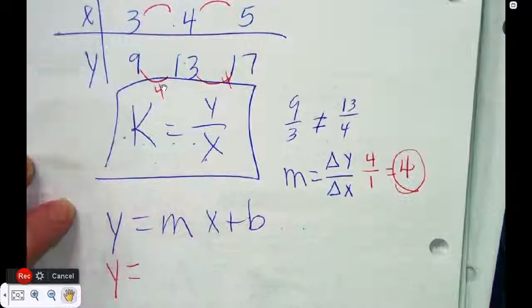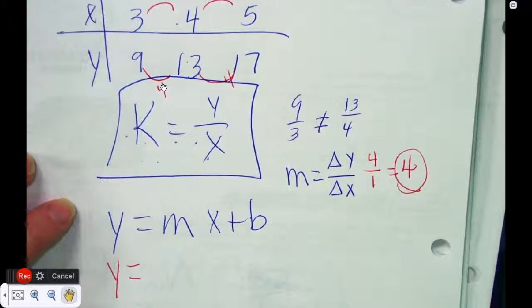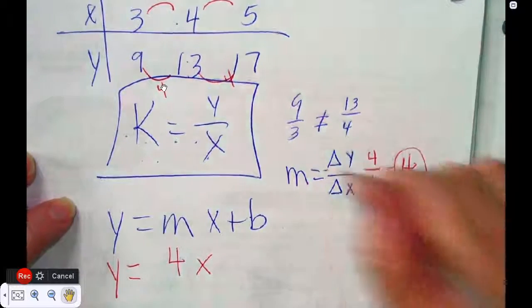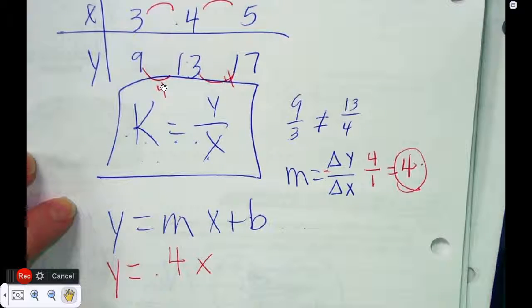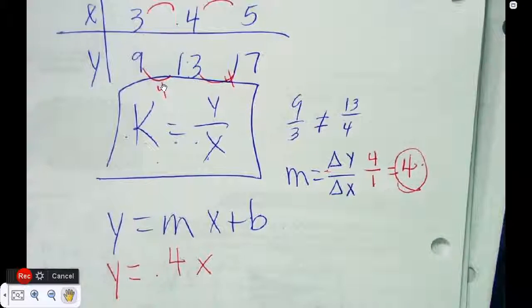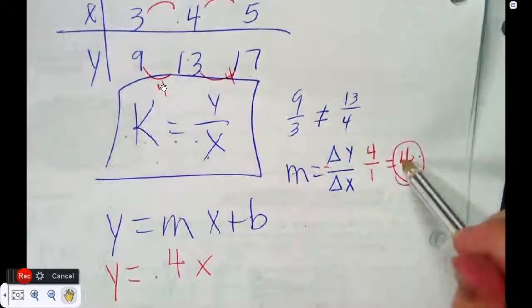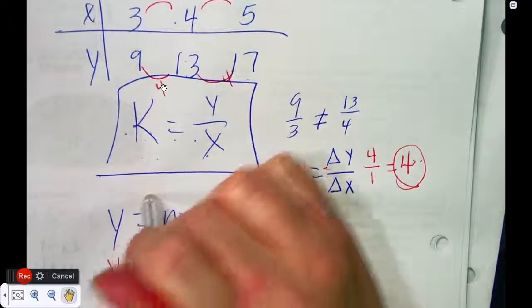So y equals, where am I going to put 4? You mean m is 4, so I'm going to put 4 under m? Thank you, girls. If m is 4, then 4 goes under m.